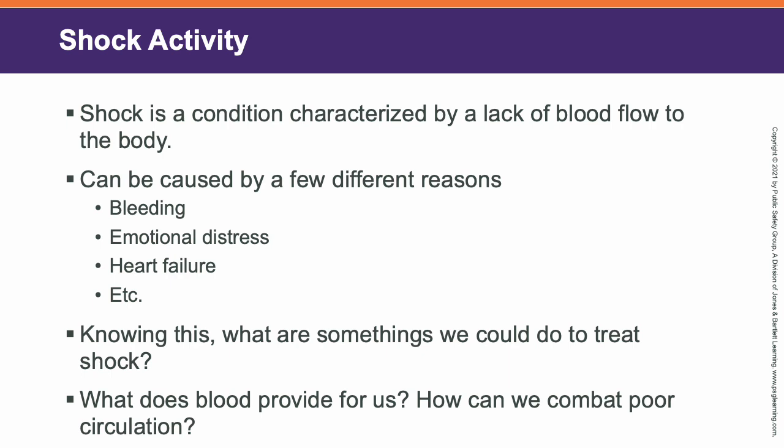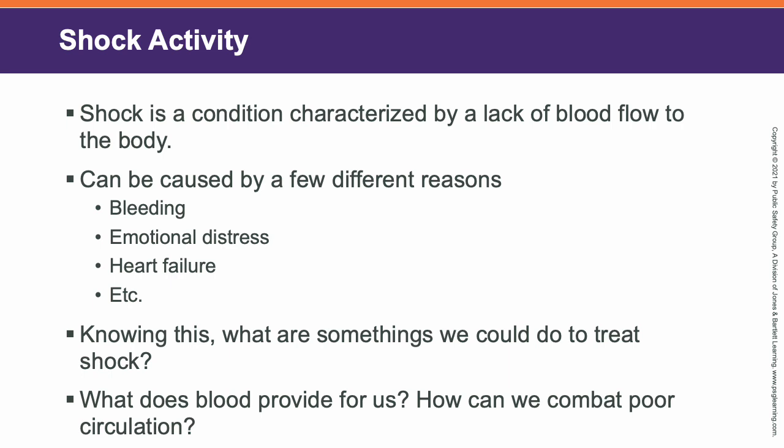All right. So just as a quick activity for you guys to think about, now that we talked about the cardiovascular system, okay? So shock, we have a whole chapter about this, so don't worry about this too much. This is just for you guys to think about and to help consider why knowing anatomy is important as a first aid provider. Okay? So shock is a condition that is characterized by a lack of blood flow to the body. So blood flow is interrupted somehow and is not making it to the rest of your body.